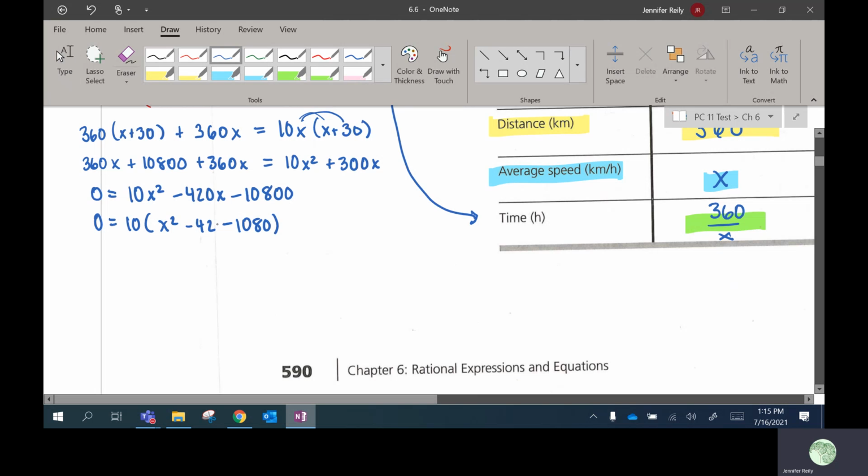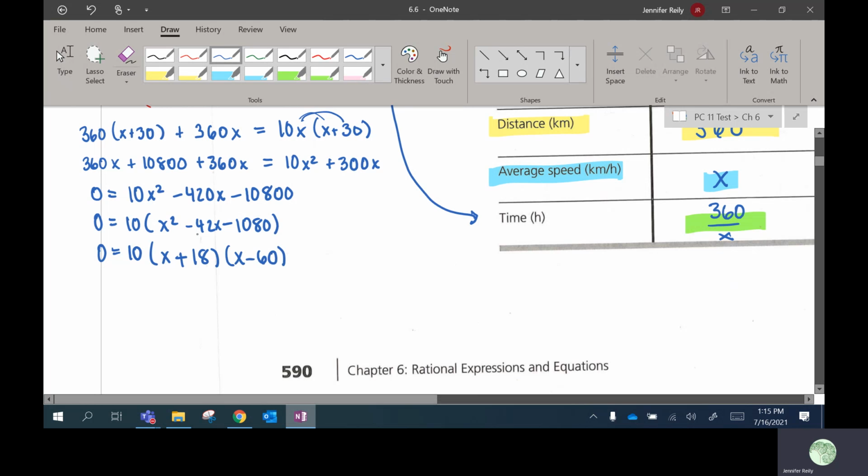You can solve this using the quadratic formula as well. Just because the numbers are so large, it can be hard to factor. But I will factor it here. But you can use the quadratic formula as well. x minus 18 and x plus 18, x minus 60.